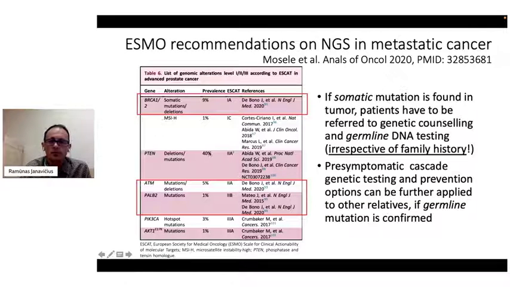Also, if a somatic mutation is found in the tumor, patients have to be referred to germline testing, irrespective of family history. Also, you can see microsatellite instability tumor testing.